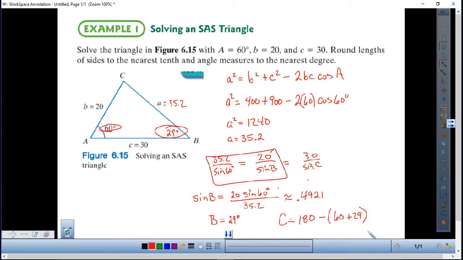That's going to give me 89. When I subtract that from 180, I'm going to end up with 91, which is an obtuse angle. So this angle up here is 91 degrees. Then, of course, I'm going to list out everything I found when I claim that I've solved the triangle.